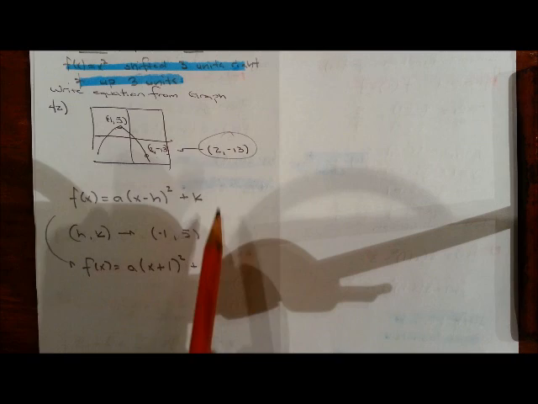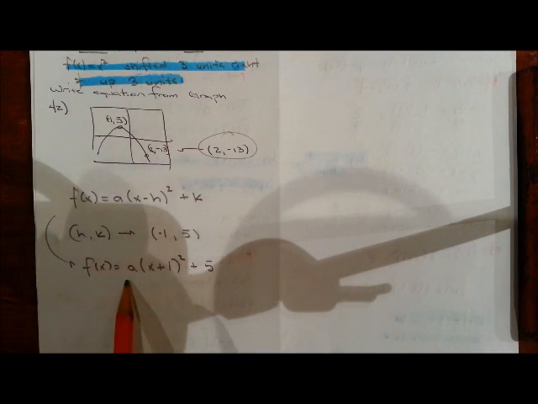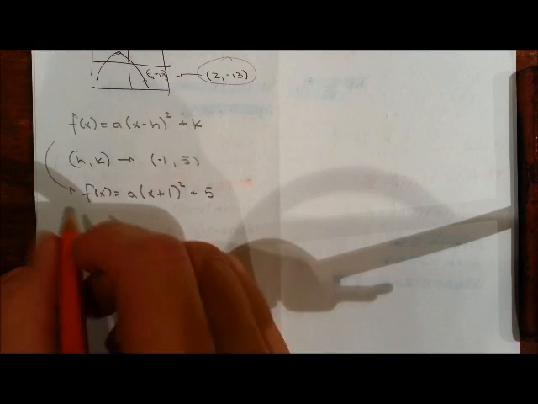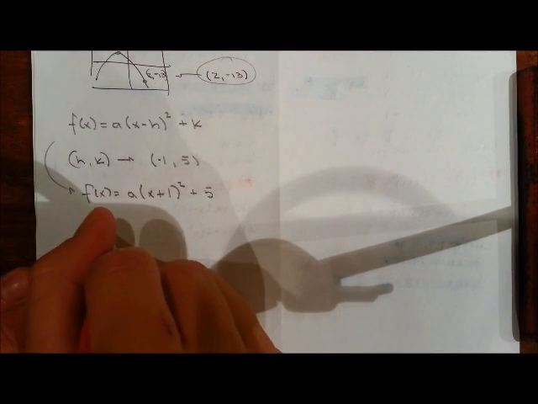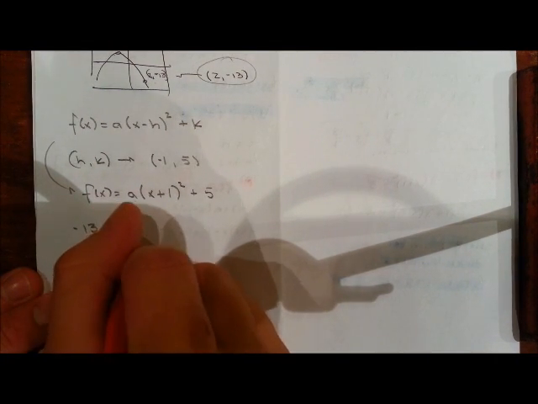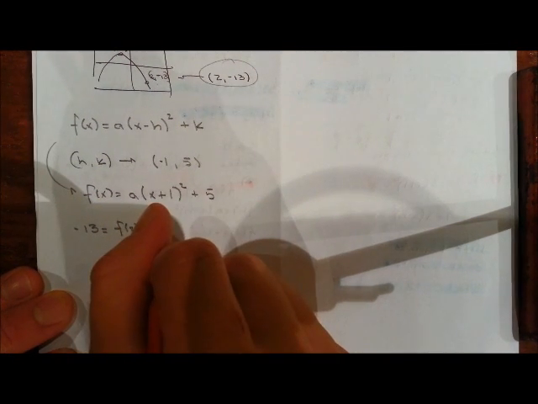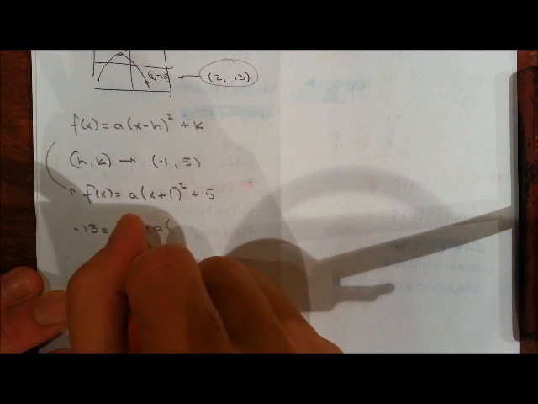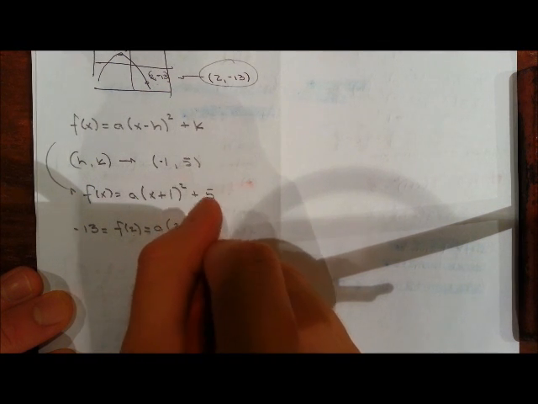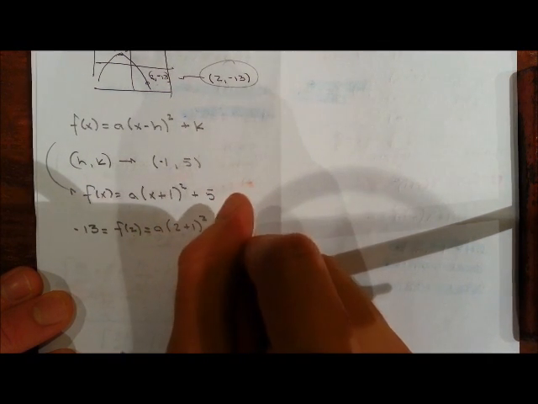What I'm going to do with that point is plug that in to find out a. So plugging in, I'm going to have negative 13 equals f when I plug in 2, which is equal to a times 2 plus 1 squared plus 5.